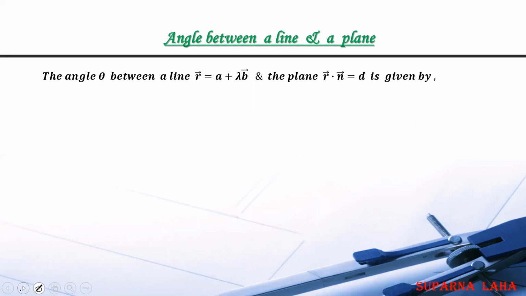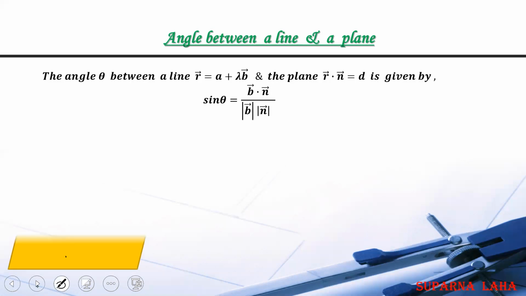If theta is the angle between a line and a plane, and the equation of the line is given by vector r equals a plus lambda into vector b, and the equation of the plane is vector r dot product with n equals d, then sine theta equals the dot product of vector b and n by the mod value of vector b into mod value of vector n.